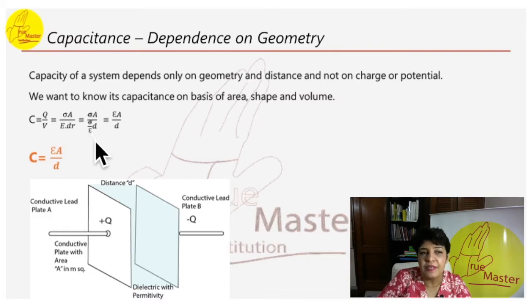Once we write it down, cancelling sigma from the denominator and sigma from the numerator, we are left with a new formula: capacitance C equals permittivity into area by distance between the plates. This is a new formula that is derived, used for a capacitor with plate 1, plate 2 and the area.